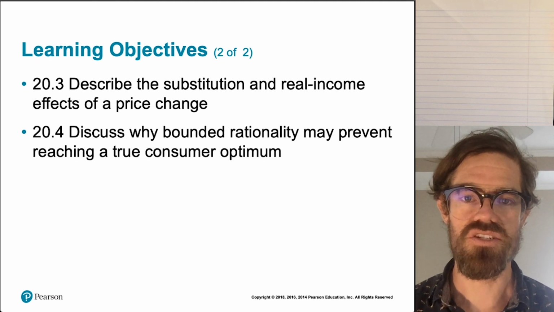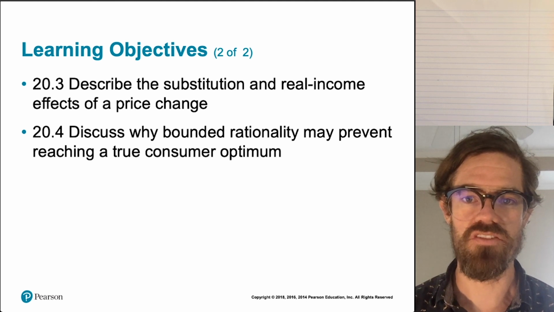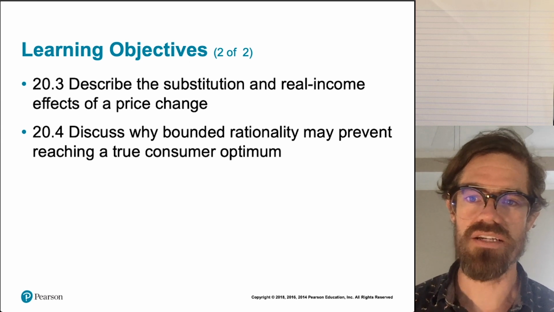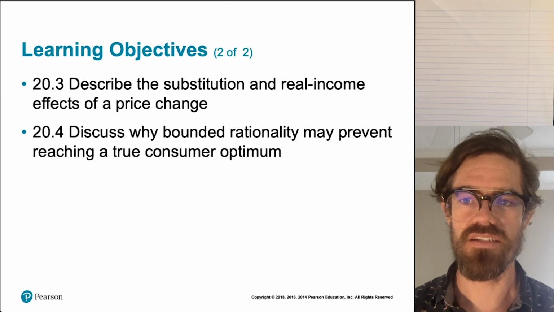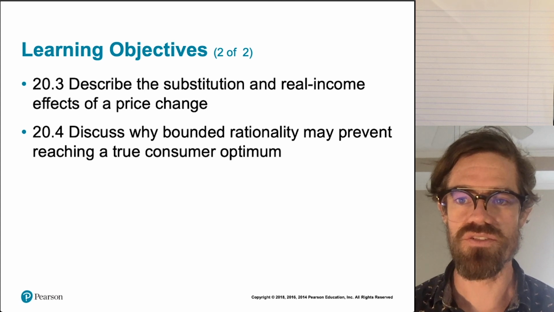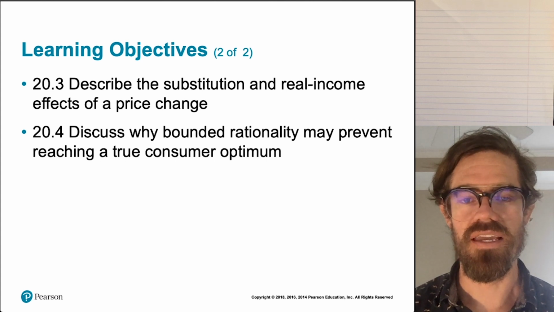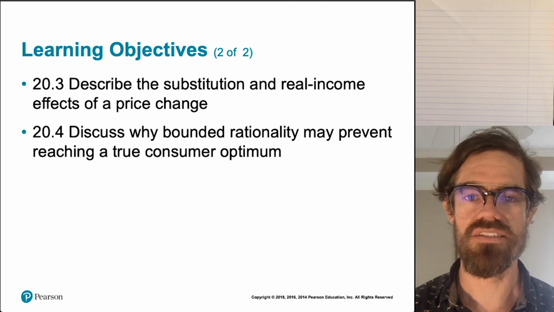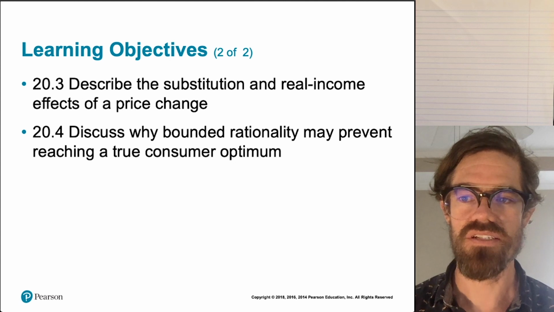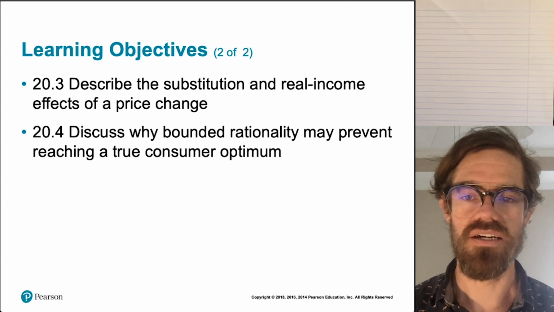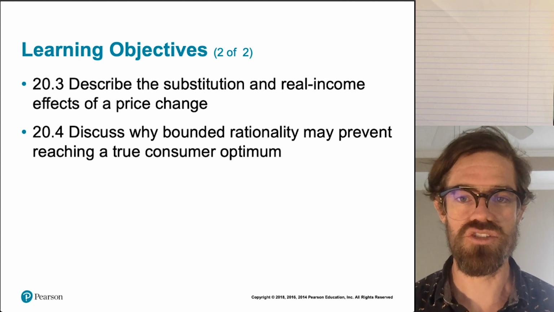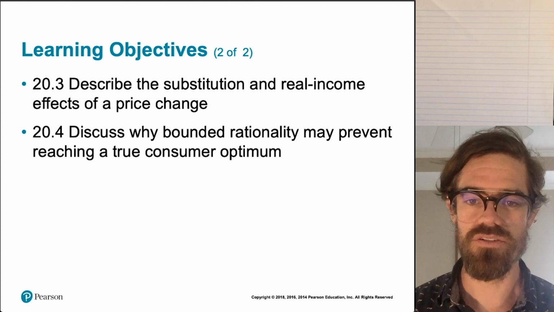When a price changes, it has an effect on the consumer's optimum, and it has two effects, in fact. One is the substitution effect, the other is the real income effect. And then lastly, discuss why bounded rationality and the tenets of behavioral economics may prevent a consumer from reaching their true optimum, although they may get close.